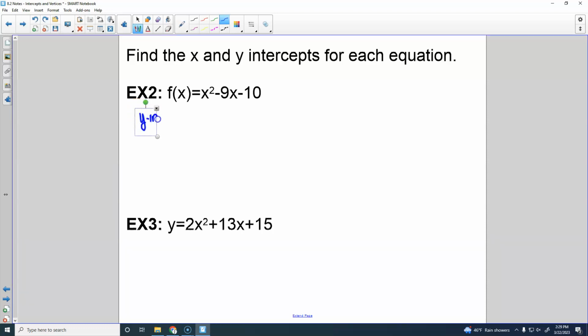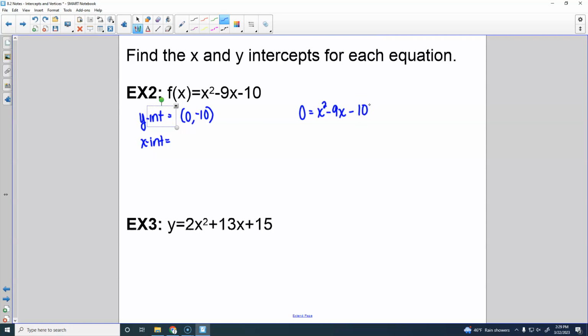So the y-intercept for these is going to be 0, negative 10. If I plug in 0 for my x, I'm just going to get negative 10. Okay, x-intercept, a little tougher, because I'm going to have 0 equals x squared minus 9x minus 10.